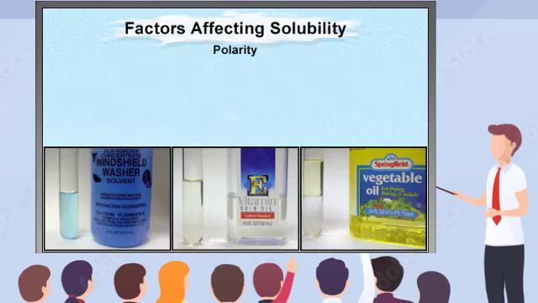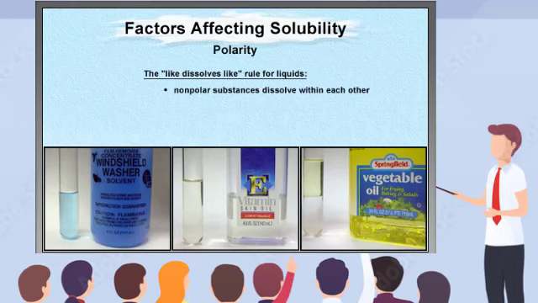It is important to know the polarities of solvent and solute when making a solution, because the general rule of solubility is like dissolves like. This means that nonpolar substances dissolve within each other, and polar substances dissolve within each other.